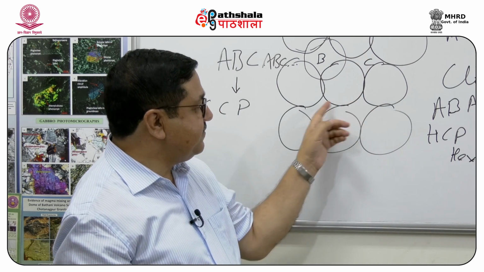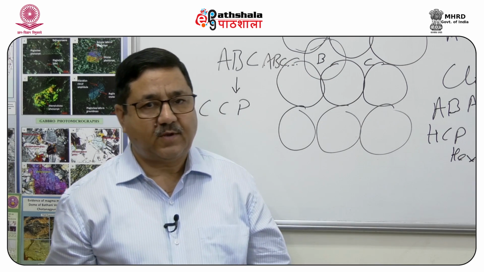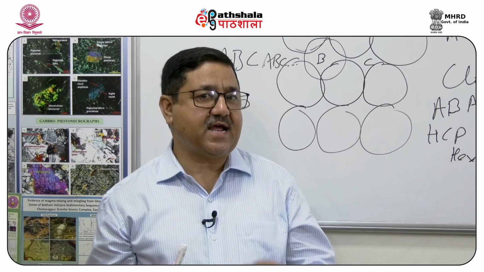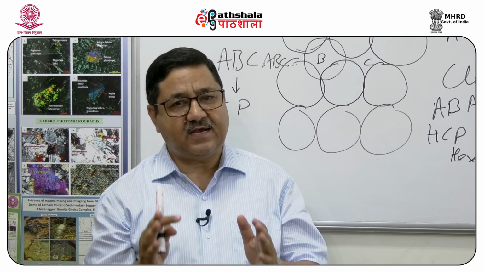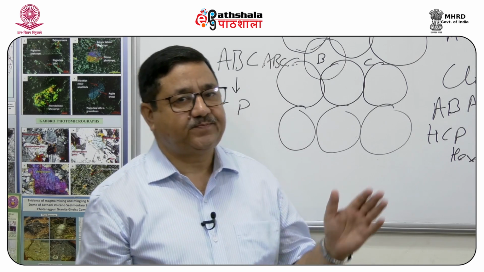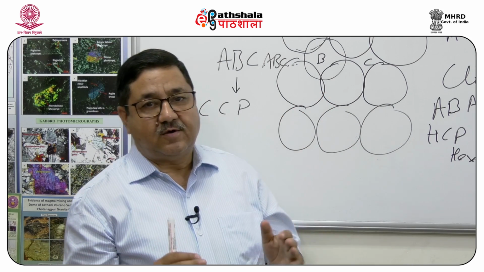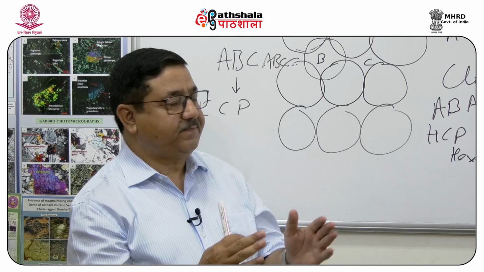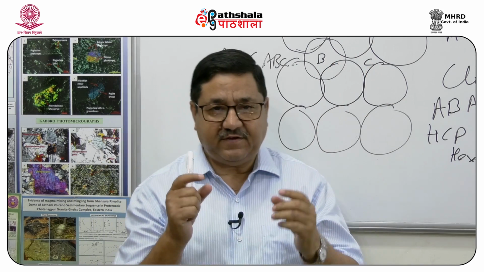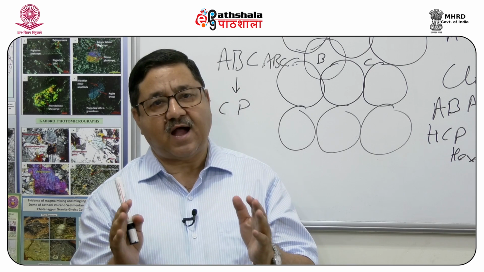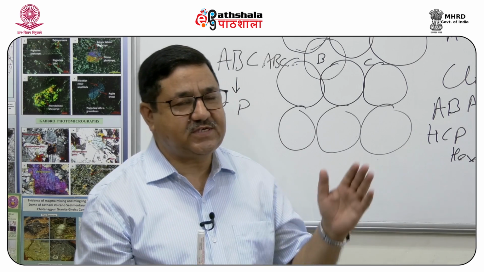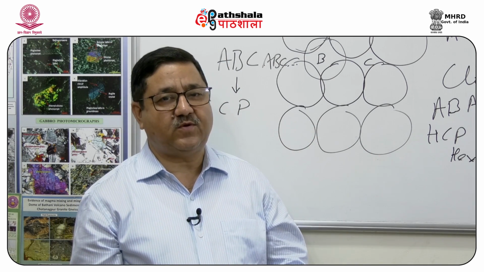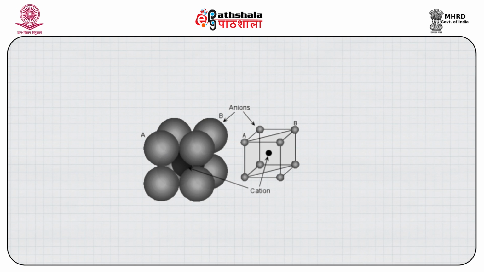So, the intervening spaces can be filled with those smaller cations, and it can lead to a compact and bound regular internal atomic arrangement, which is a crystal. So, Pauling looked at how the different cations and anions are bound together, and some fundamental rules which govern this arrangement are known as Pauling's rules. The first principle of Pauling's rules is known as the coordination principle.